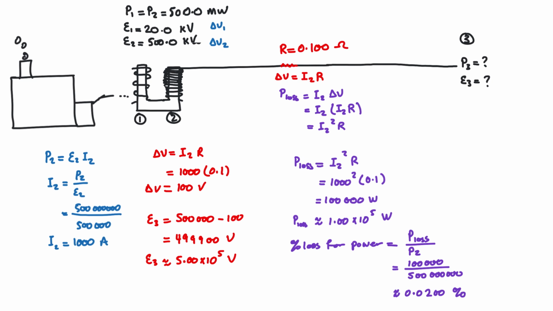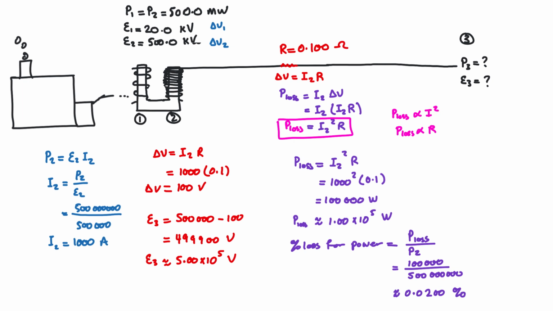The main equation that we have over here for power loss is I squared R, and that's the one you need to really remember. And again, power loss is proportional to the current squared, and it is also proportional to the resistance. If the current is constant and the resistance increases by a little bit, power loss is going to increase at the same rate.